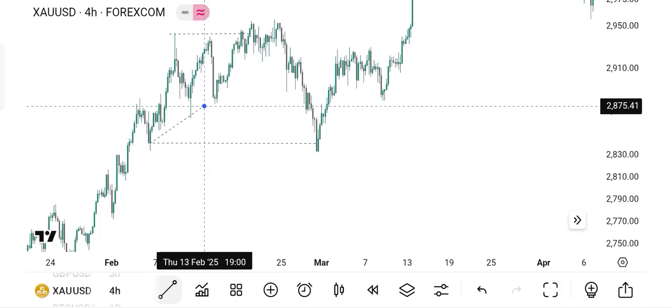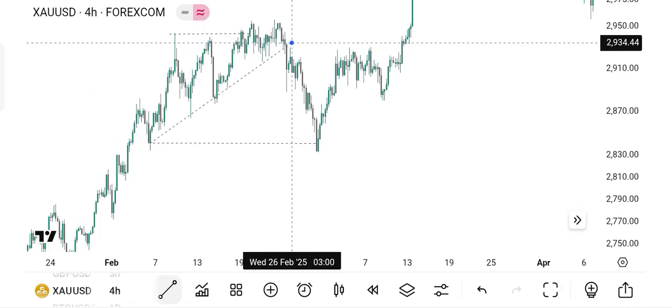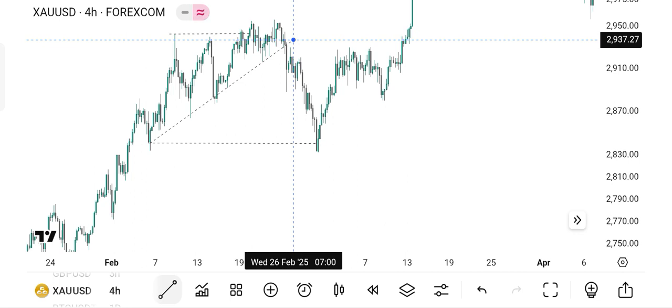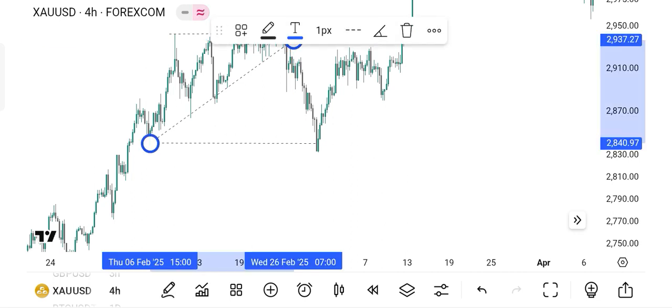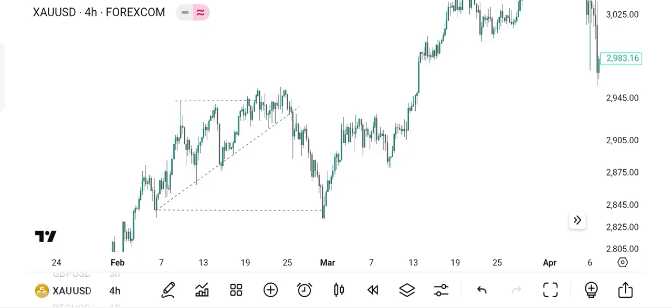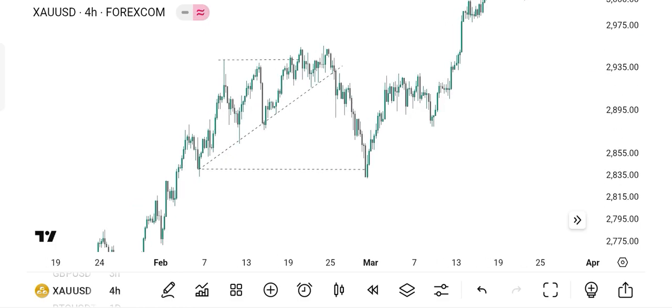Some people might think price is coming into this trend line and buying, creating a series of lows, giving a sell side liquidity. But we the SMC traders, when we see something like this, we know that price is about to sweep all these lows as liquidity and give us a valid low.